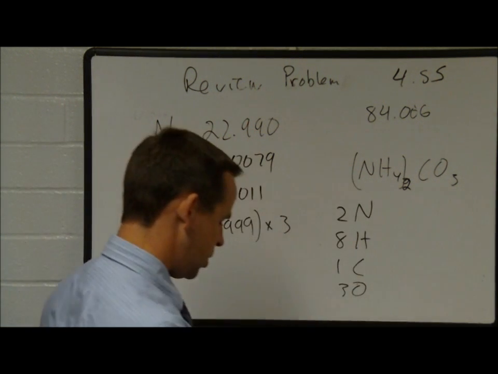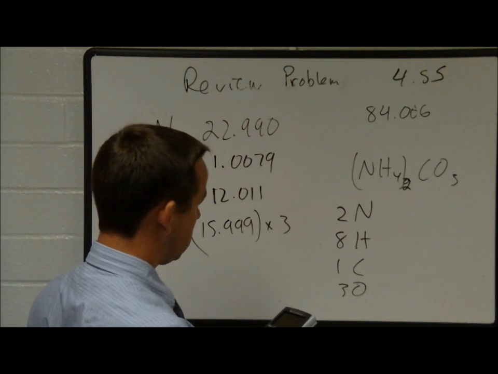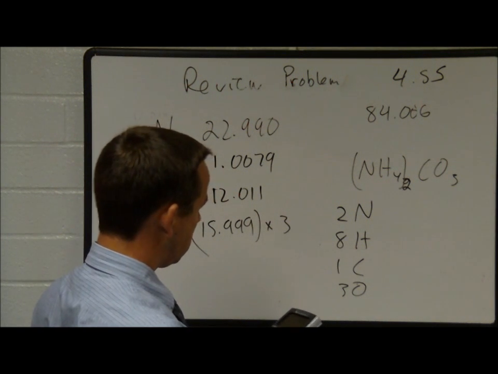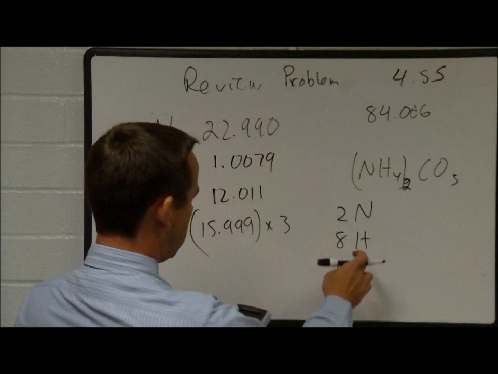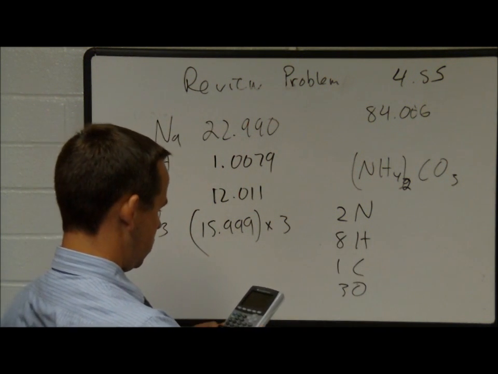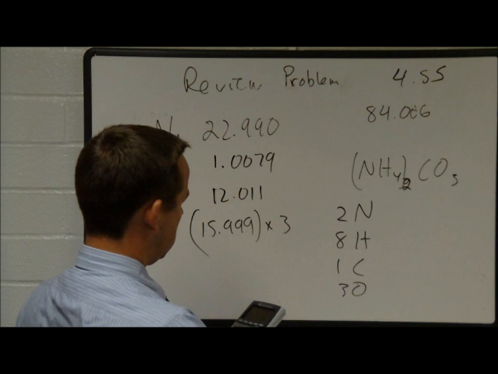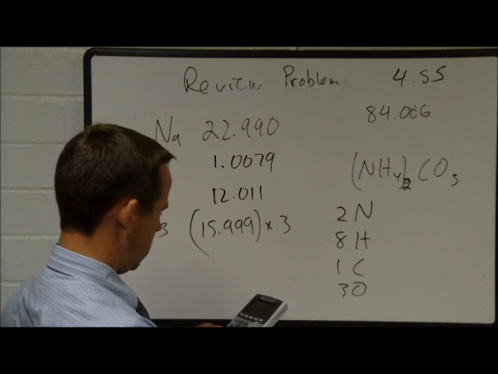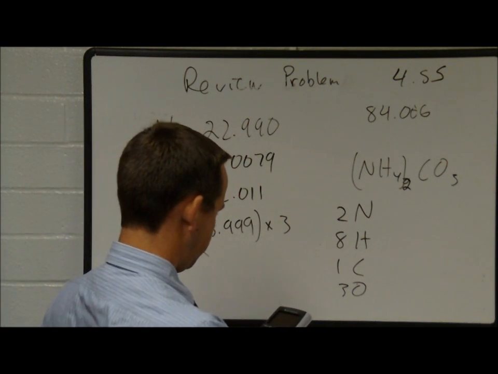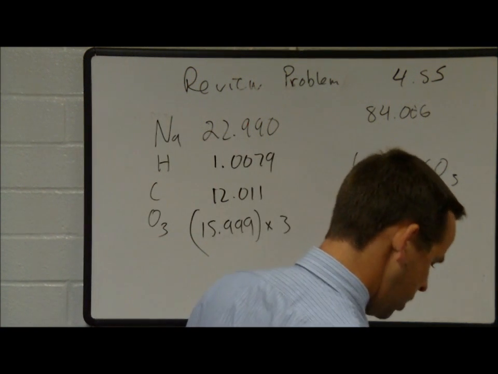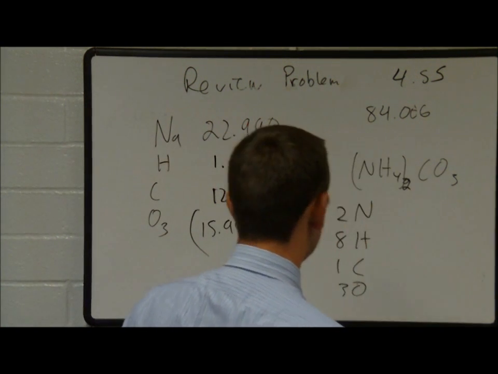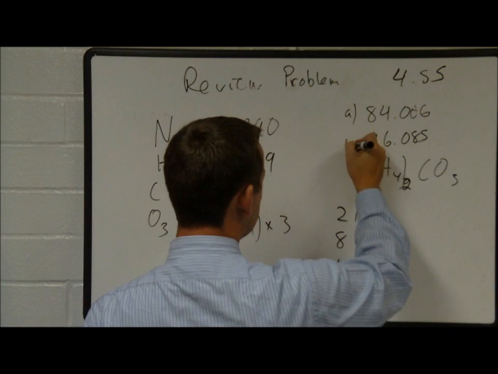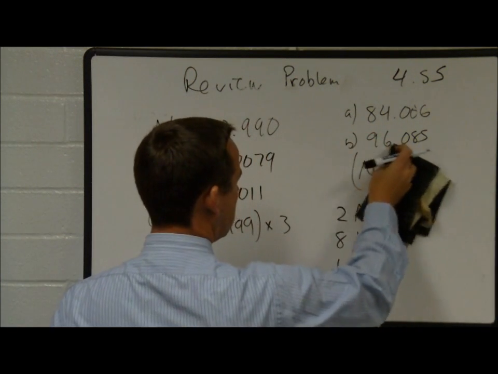Nitrogen, 14.007, and we need 2 of those. 8 hydrogens, so 1.0079 times 8. And then 3 oxygens, 15.999 times 3. So I'm getting 96.085. Good. This is for A, this is for B, these are the answers. All right.